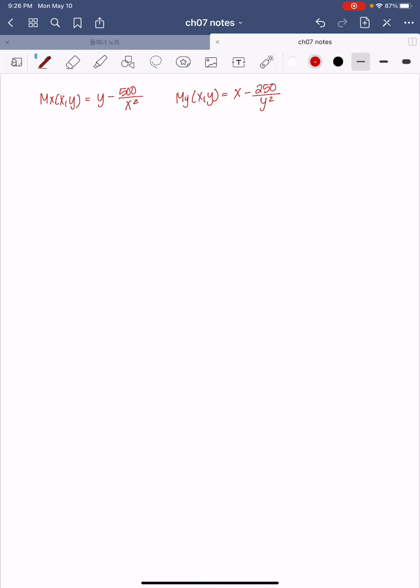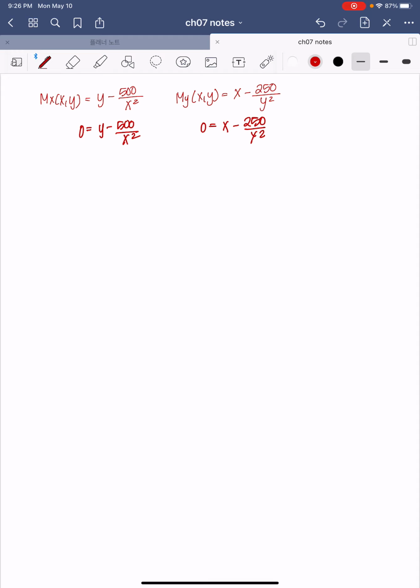So if I set this one equal to 0, and then this one equal to 0, let's see, what can I do here? I'm going to do the substitution.